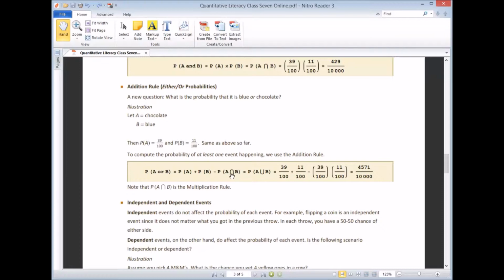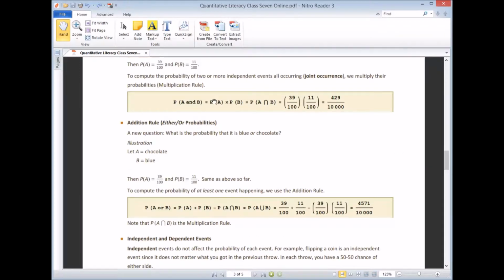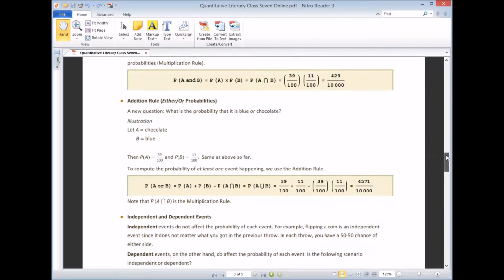This upside down U sign is the same as saying and, which I skipped over here, but it's and here and here. So that means you add the P of A plus P of B minus P of A and B. And this U looking sign is the OR sign.